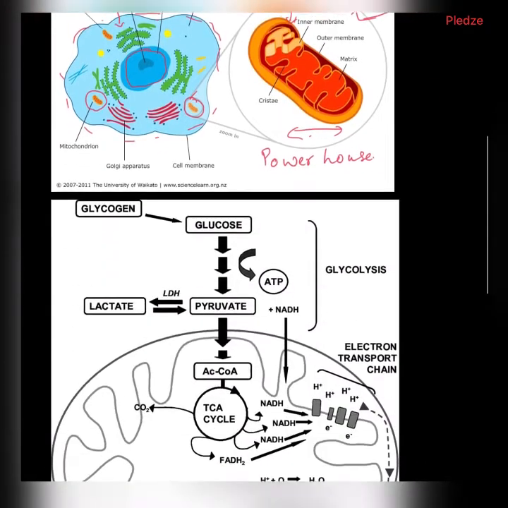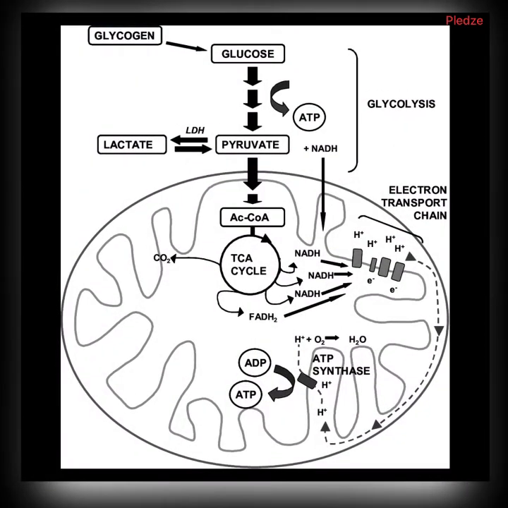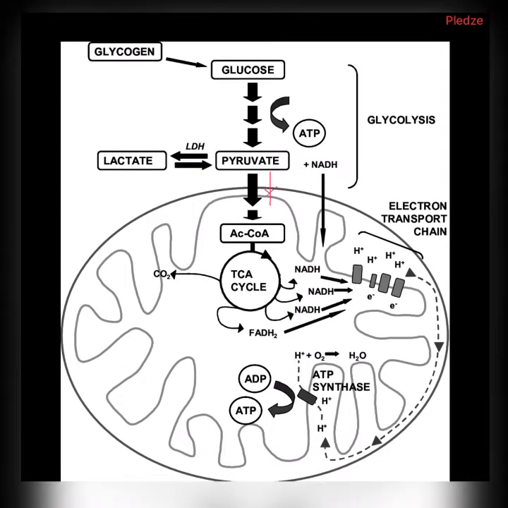So if you again zoom into the mitochondria, the glucose has come in the form of pyruvate, it's broken down and goes through several cycles, and the main thing here is that when glucose gets metabolized, it releases something called NADH, and this NADH has a lot of electrons in it, and those electrons are needed inside the mitochondria to produce a proton gradient.